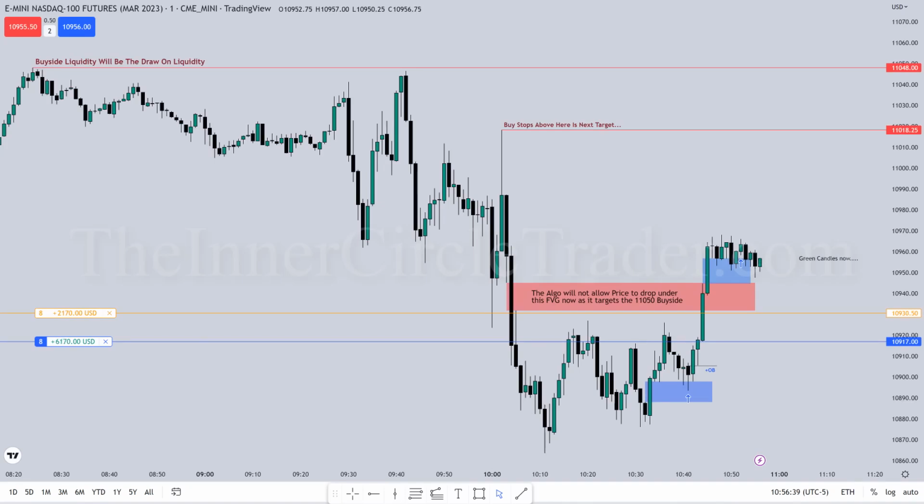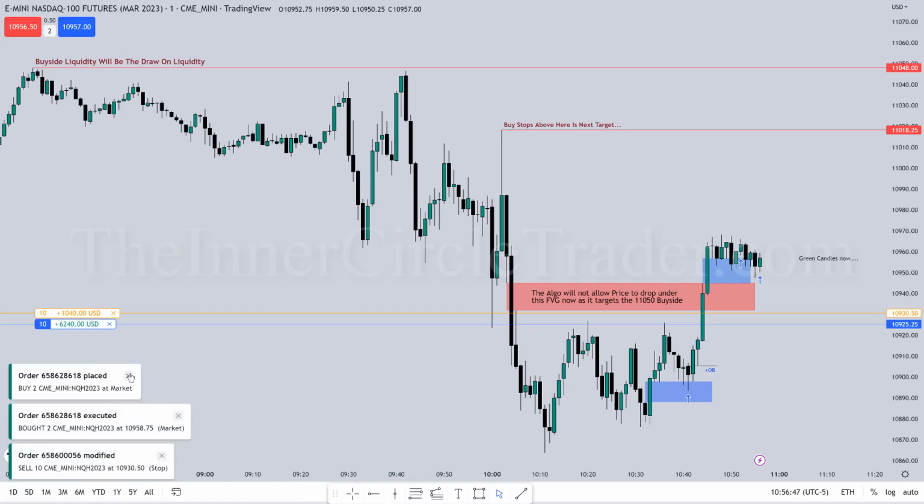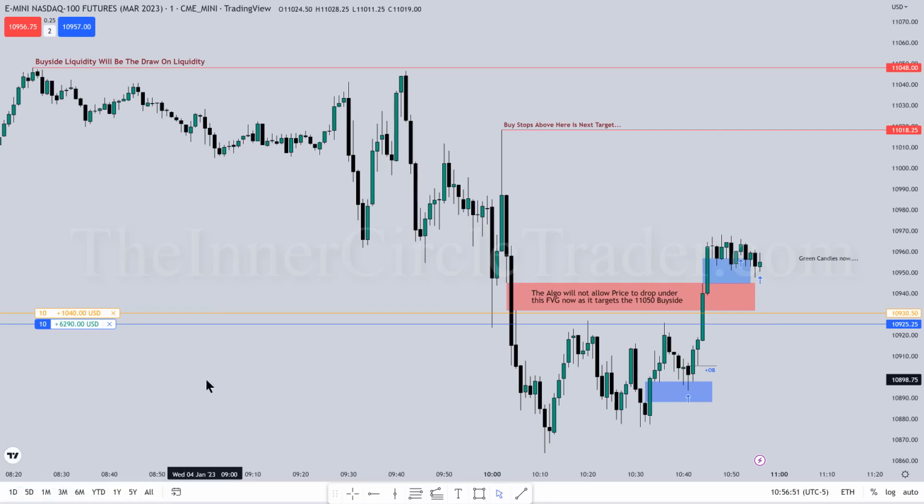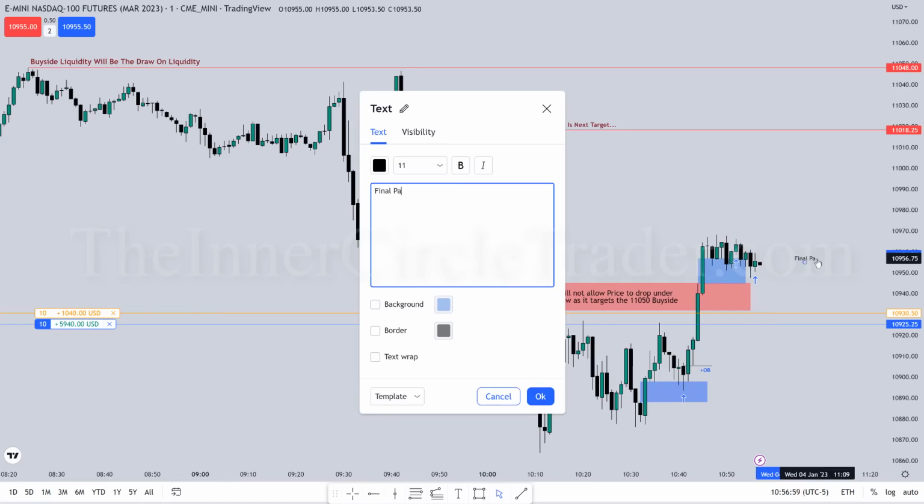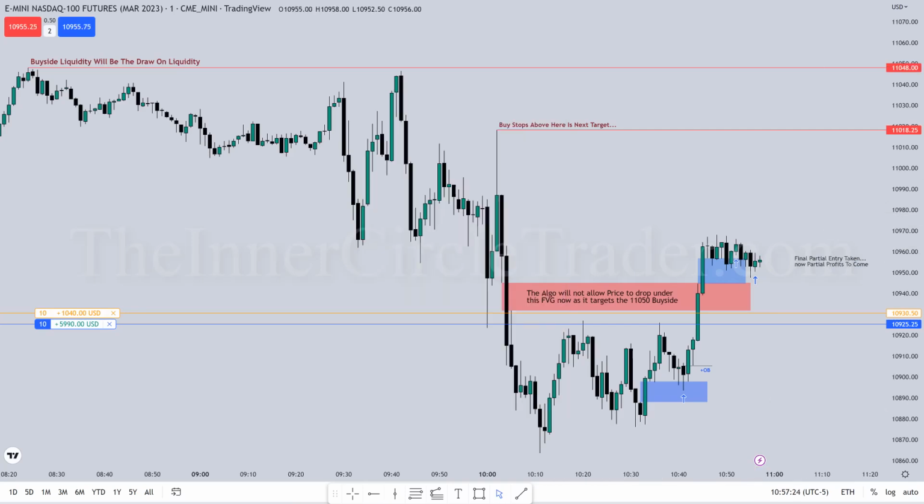Up. When I'm annotating my chart, I'm typing out, large range candles are coming, or big green candles are coming. I'm studying, and I just went in and bought more. So my position's at 10 contracts. I'm saying this is the final partial entry, but I want to illustrate further if the opportunity presents itself.